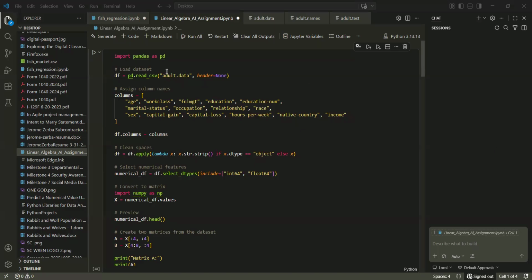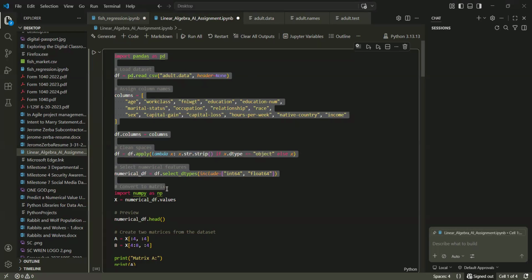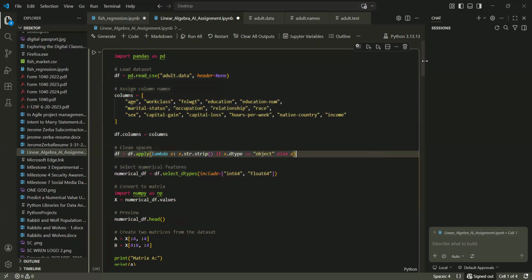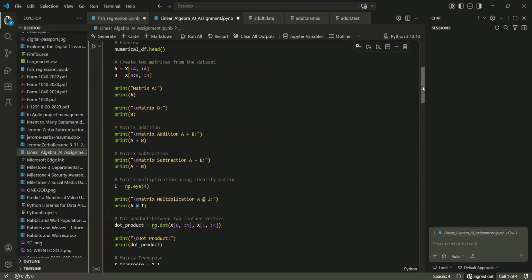And now all that can be seen all the way down till we stop at the transpose and inverse part of the program.